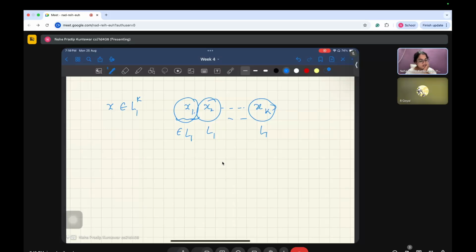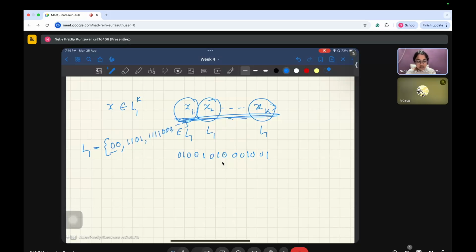But what does this input actually look like? It's basically 0 1 strings. Correct. And the strings that are in L1 could be something like 0 0 1 1 0 1 1 1 1 0 0 0, and so on.